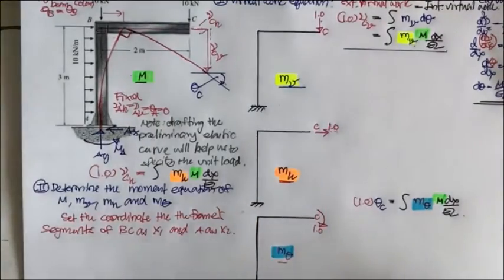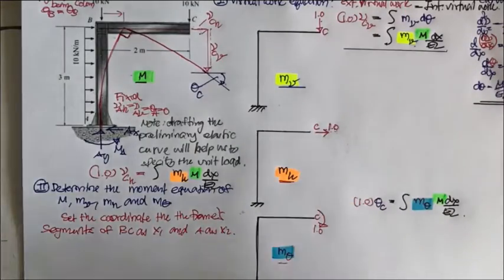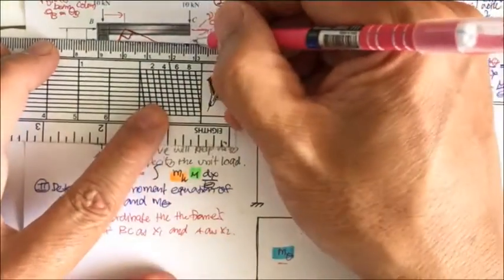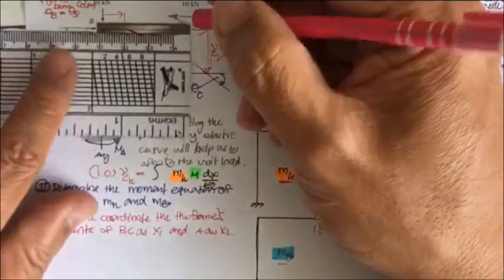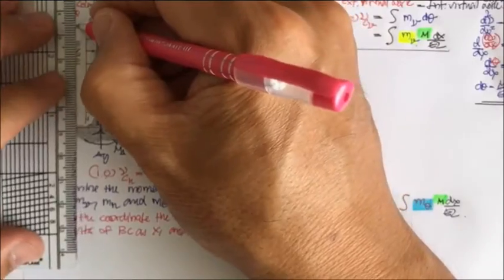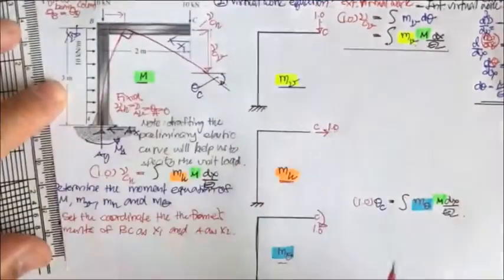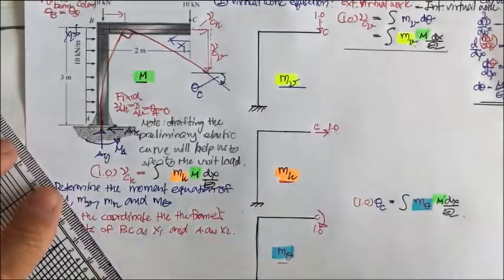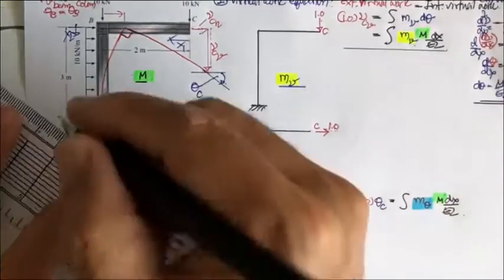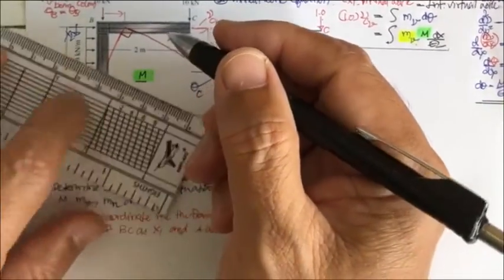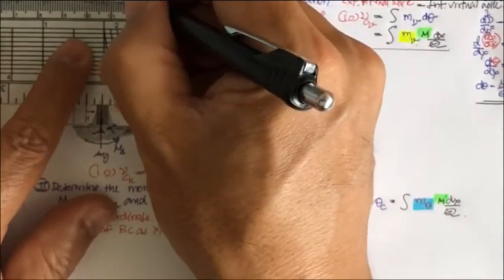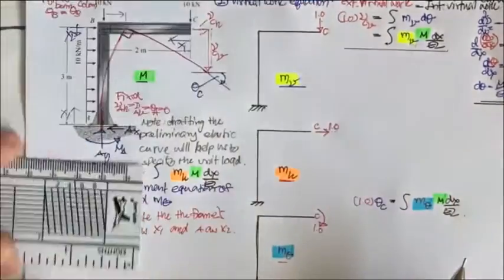So this is up to you. There are many choices that you can use in setting up the coordinate. Some may set this to be x1 and this to be x2, but some people say I prefer to set this one as x1 and this one as x2.